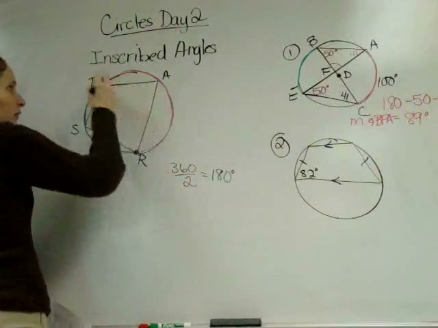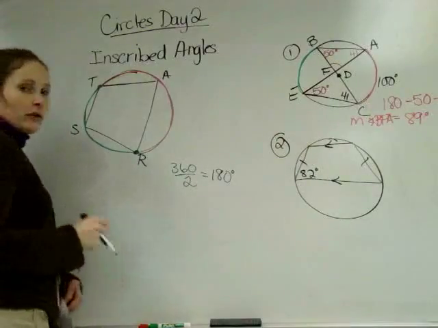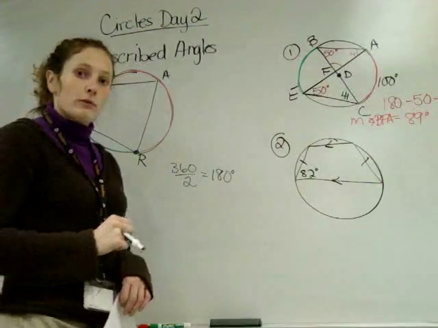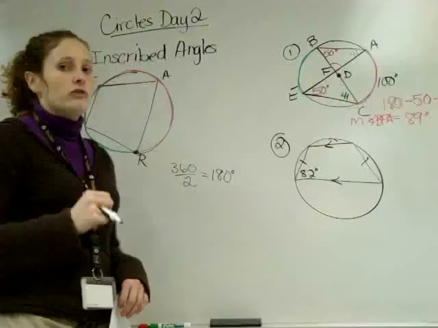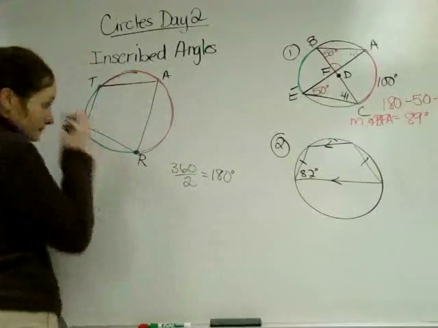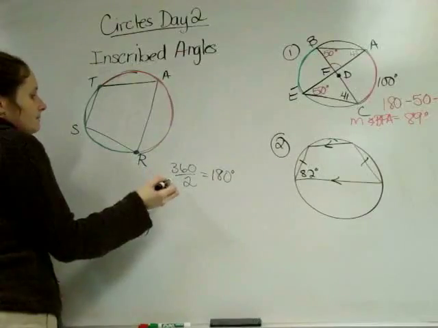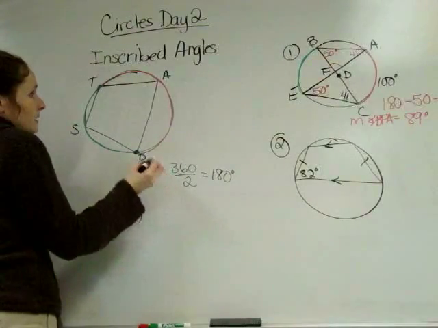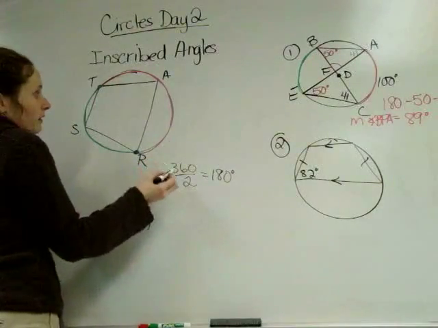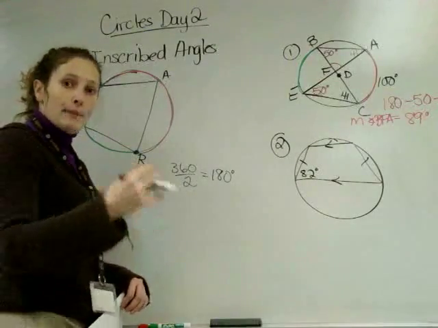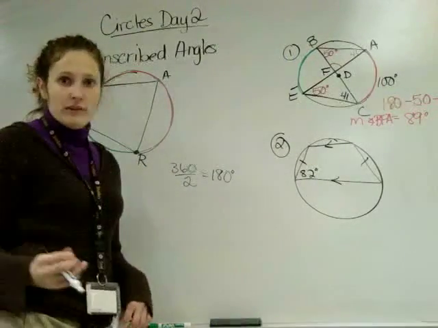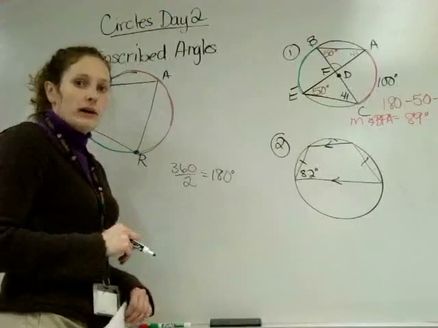So opposite angles in a quadrilateral inscribed in a circle should always add to 180 degrees. So no matter what, opposite angles in a quadrilateral inscribed in a circle are always going to add to 180 degrees.